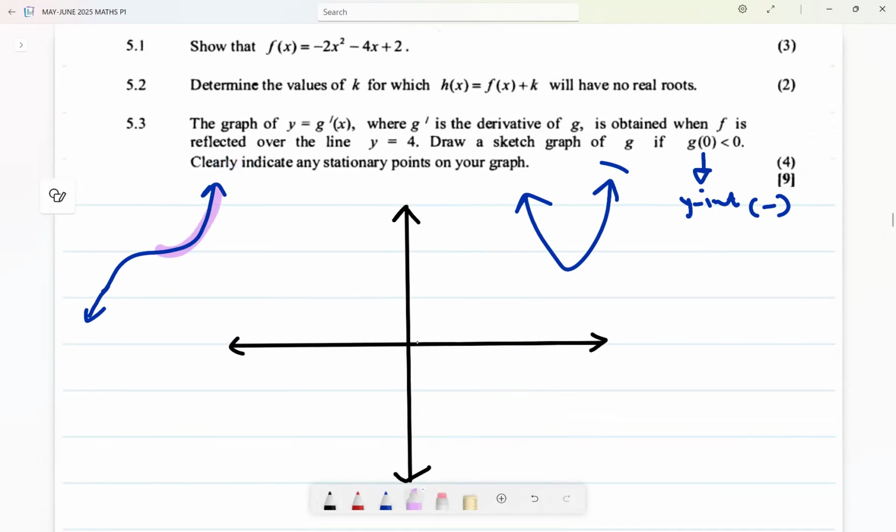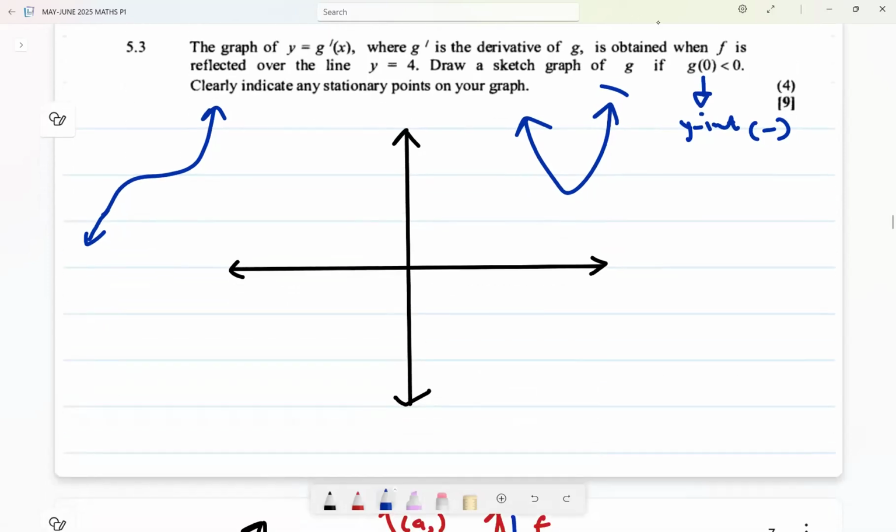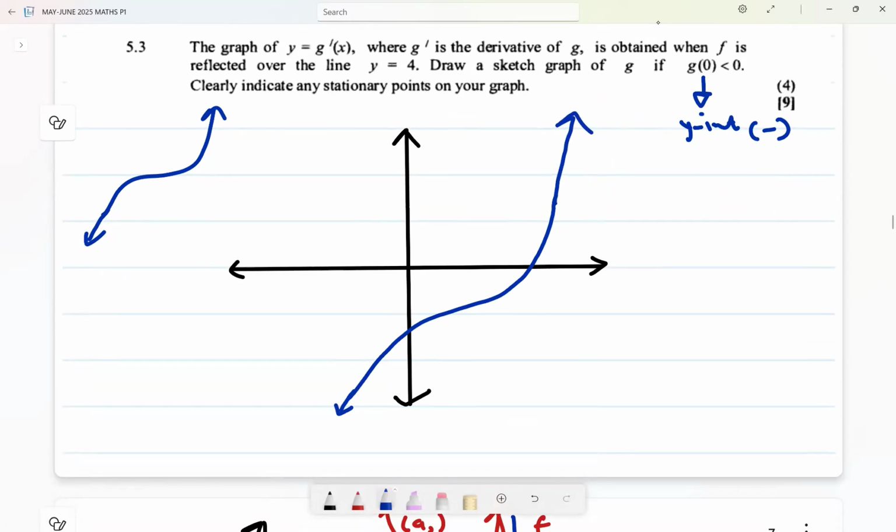So it means my graph should look between these graphs. They told me it should cut at the negative. Okay, y-intercept is negative. So I can cut it here and say my graph cuts here and looks something like this. Like that.